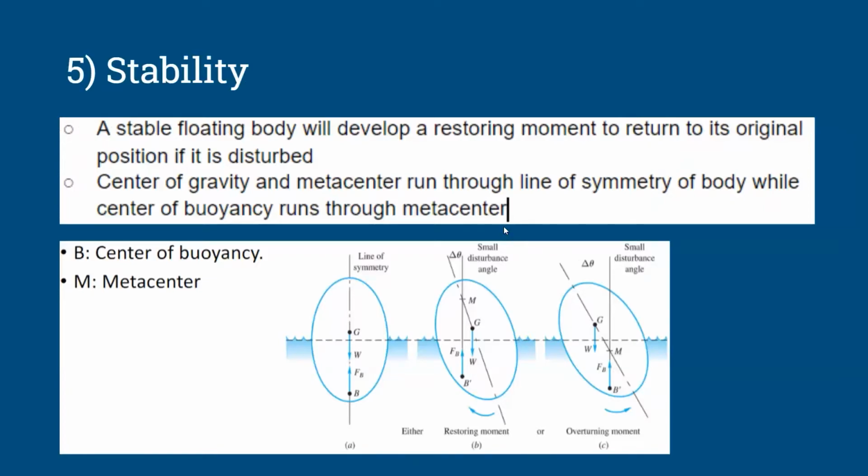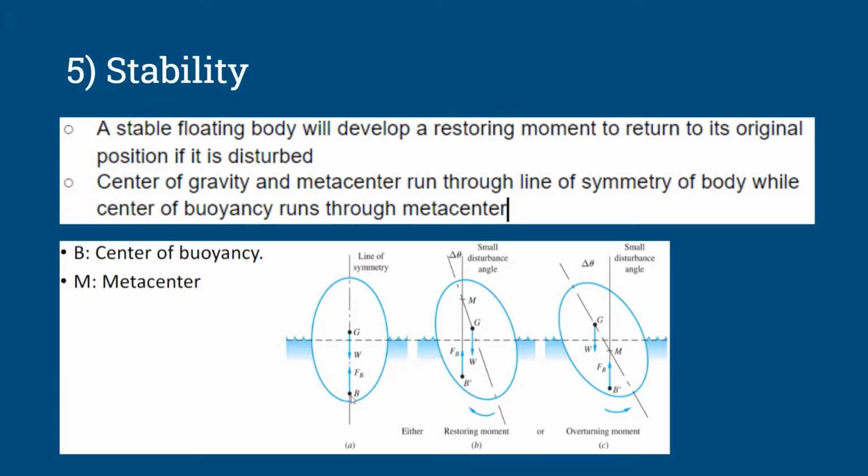After that, we have stability, and the main takeaway from this is the restoring moment. If a body is stable at any point and it's disturbed, it will create a restoring moment to return to its original position. As you can see right here, this one is stable, so there's no restoring moment occurring. Over here, we have a small disturbance angle. And as you can see, the metacenter and the center of gravity run through the line of symmetry as it does in this one.